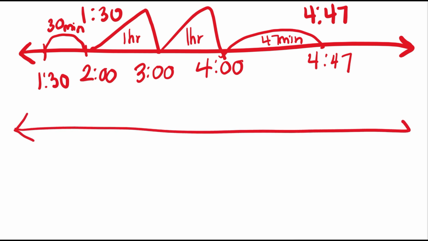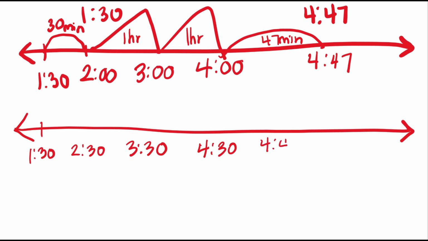So then you could show that there is another way that we wouldn't have to do that. If we started at 1:30, now I can count by hours. Let's see, 1:30, 2:30, 3:30, 4:30. I'm almost to 4:47. I'd go from 4:30, I could go 4:40, and then 4:47.